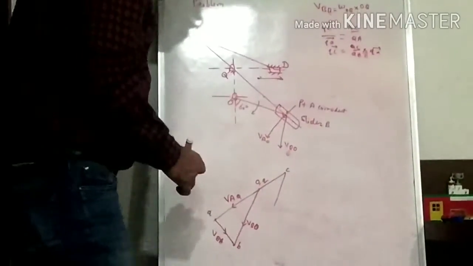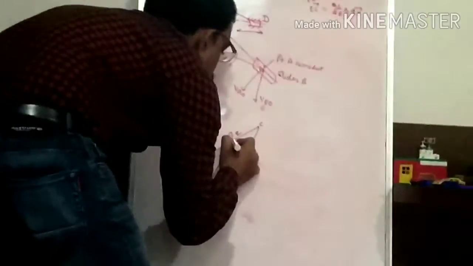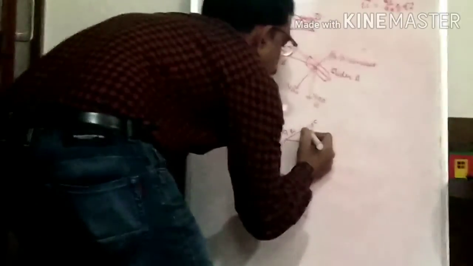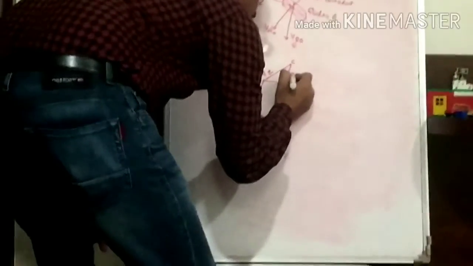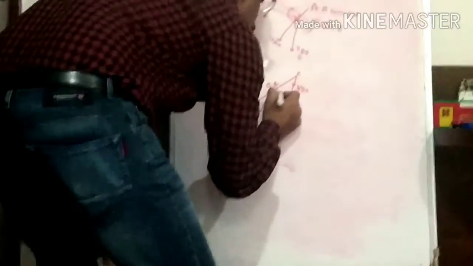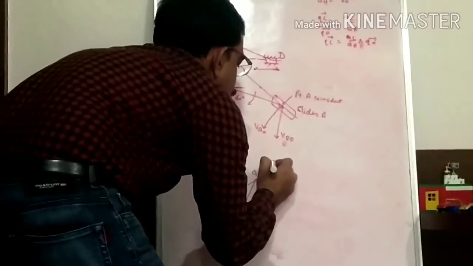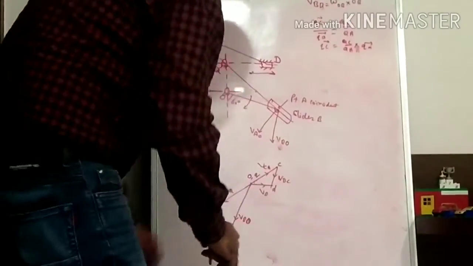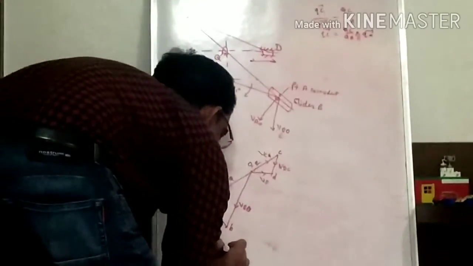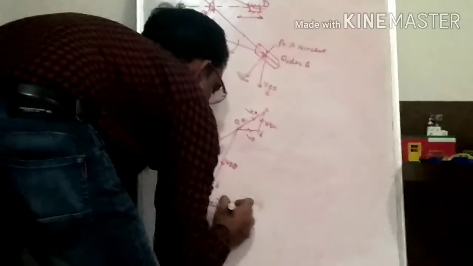So draw the horizontal vector from point O. The point of intersection is point D. So here we get the velocity of D with respect to C, the velocity of slider D, and the velocity of C with respect to Q. So this is the velocity polygon for this mechanism.